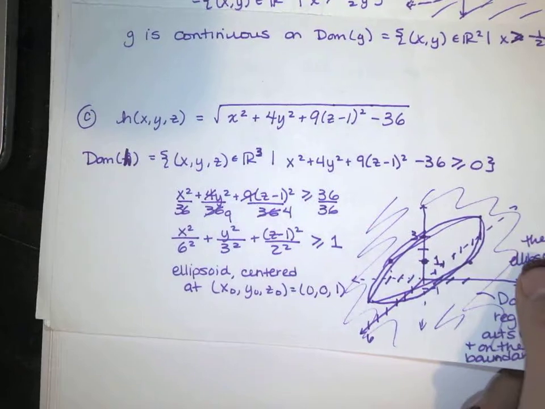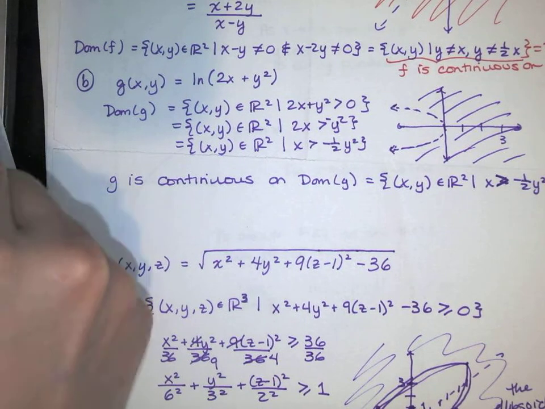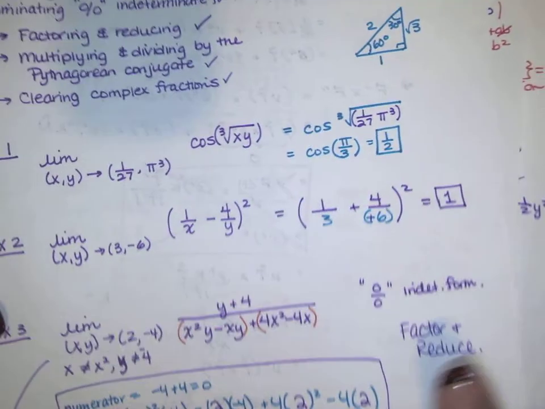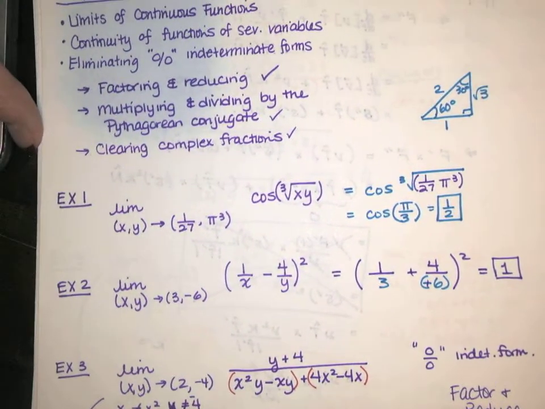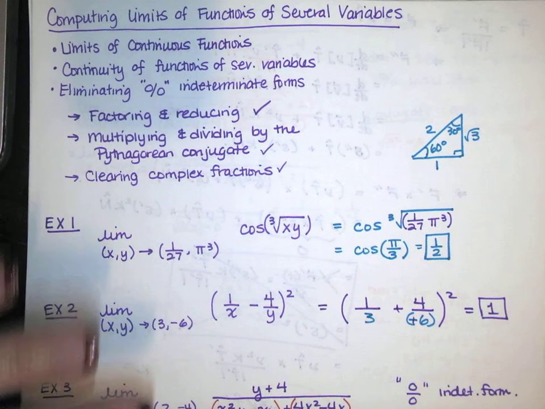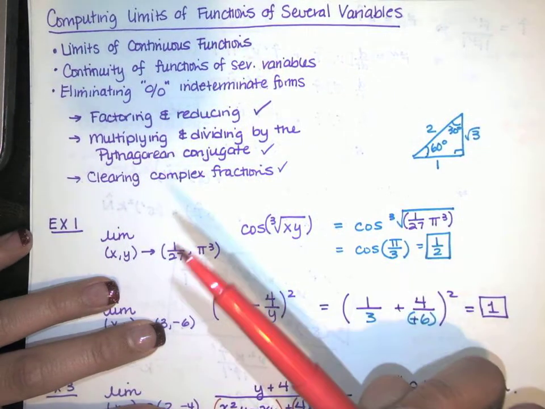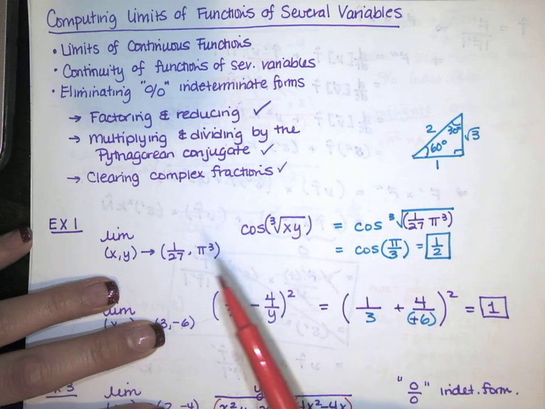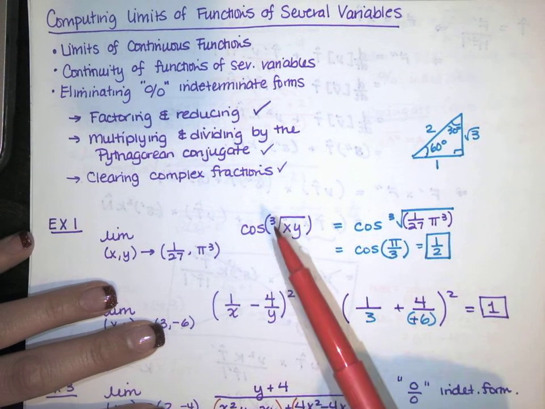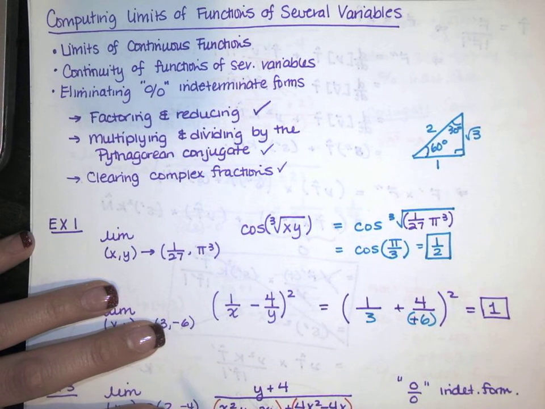So let's briefly review. What are we talking about again? Oh yeah, continuity and limits. So when we're computing limits of functions of several variables, we said if the function's continuous, meaning it's one of those functions that you've studied in a previous class, you can plug in this point, you get out an answer that makes sense.